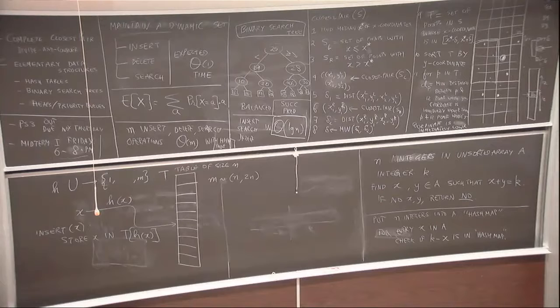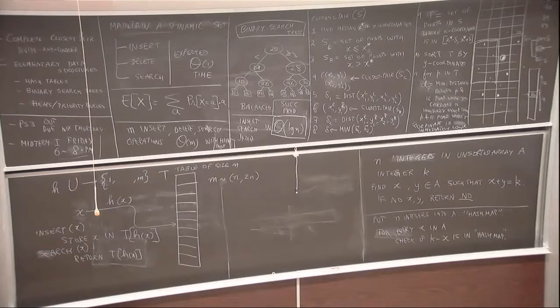Okay. What does search x mean? Essentially, return whatever you see in T of h of x. If it's empty, then the x is not there. If it's not empty, then it's maybe there.